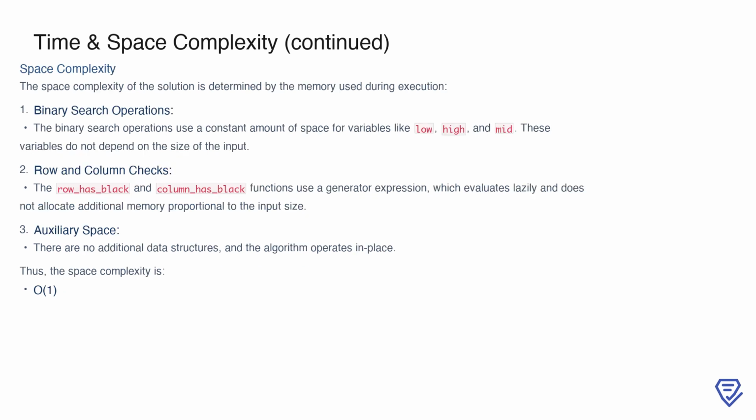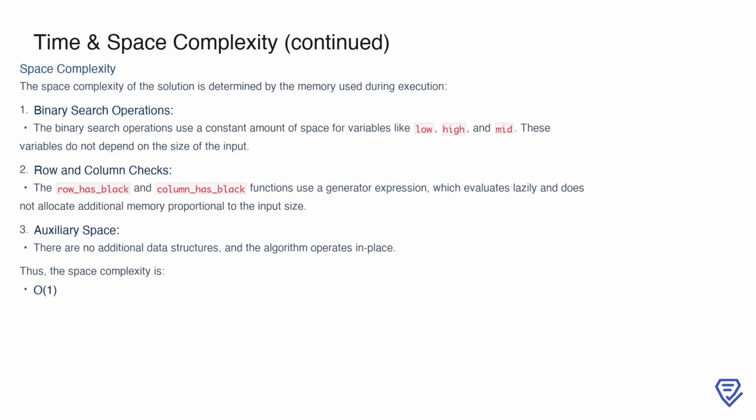Now, let's turn our attention to the space complexity of the solution. The binary search operations themselves require only a constant amount of memory for variables like low, high, and mid. These variables remain fixed in size, regardless of the dimensions of the input image. Additionally, the row_has_black and column_has_black functions use generator expressions, which evaluate lazily and do not allocate memory proportional to the size of the input.